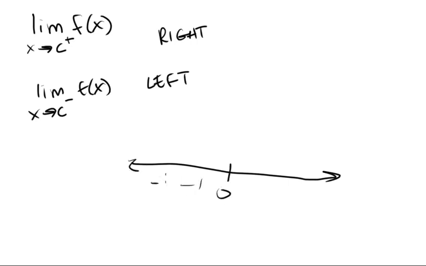You're going to have negative values to the left and positive values to the right. So to the right, positive, left, negative. It gives you a way to remember which one to use when you are solving and writing limits, and when given this notation, you know which one you're supposed to solve. If it's a positive, you know you're supposed to be approaching this point c from the right. Okay, so now let's see how that can actually make a difference.